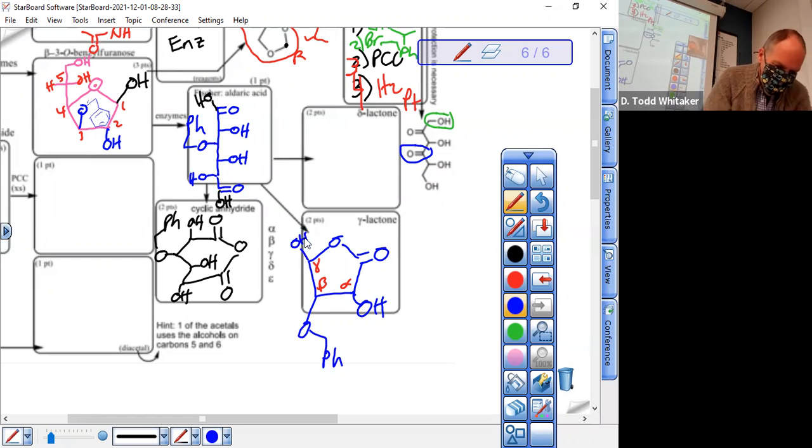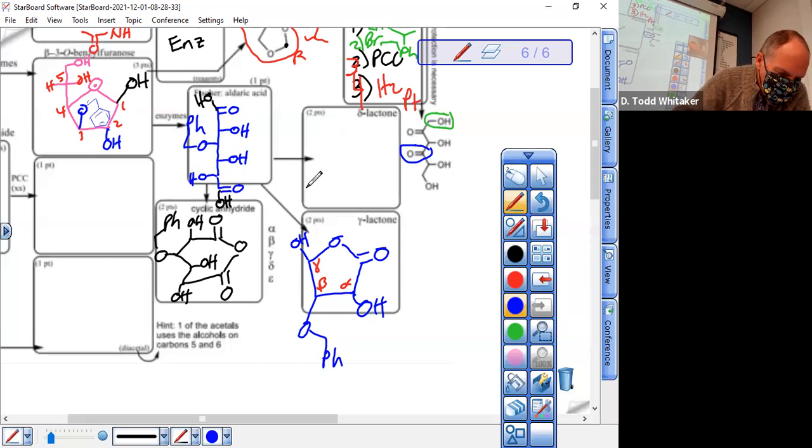If you want 2 out of 2, you've got to have the proper stereochemistry. This doesn't. And I need the delta lactone. I don't think you can use the bottom one. Alpha, beta, gamma. No, you can use the bottom one. You can use the top one. Alpha, beta, gamma, delta. You can use either one. I'll take either one for the delta lactone.